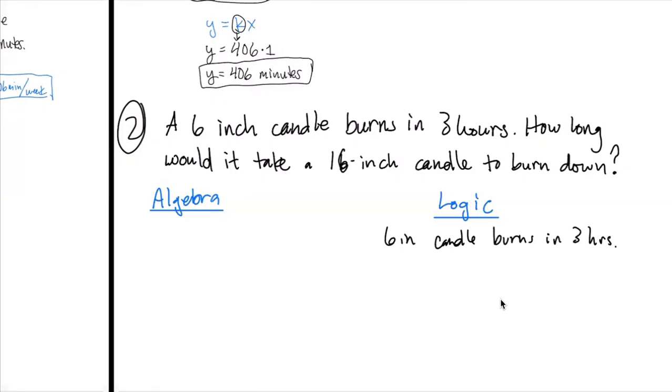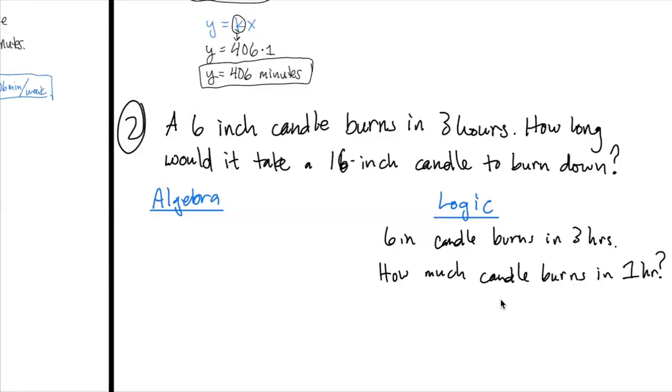The question I'm going to ask myself is, I always want to get down to the unit rate. How many inches, how much candle burns in 1 hour? That's always what I want to ask myself.